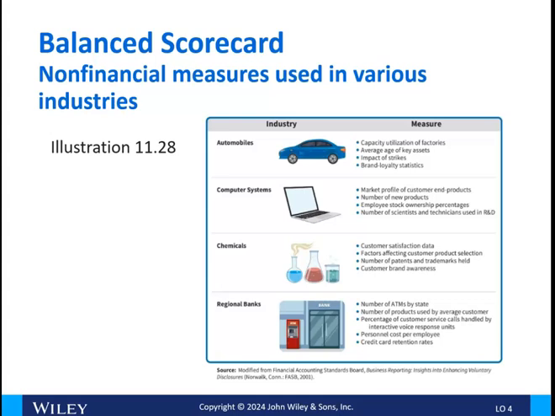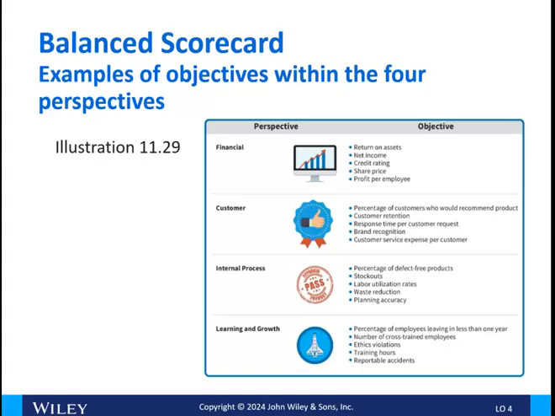And if we look at objectives within the four perspectives, so for financial, we could have return on assets, net income, credit rating, share price, profit per employee. For customers, we're going to look at percentage of customers who would recommend the product, customer retention, response time per customer request, brand recognition, customer service expense per customer.